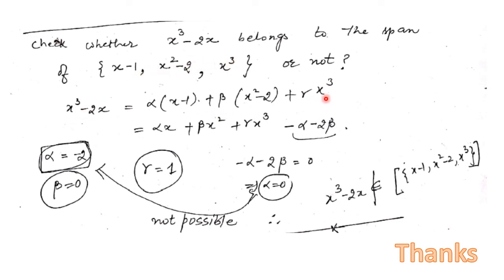So equate both sides and compare the coefficients. After comparing the coefficients, we get alpha is minus 2, beta 0, gamma 1, and this equation. When you substitute either alpha or beta in this equation, you get the value of the other variable, but they are not the same, right? It is not possible that we get the value of alpha to be 0 and also minus 2. This is not possible, right? So it means this does not belong to the span of this.